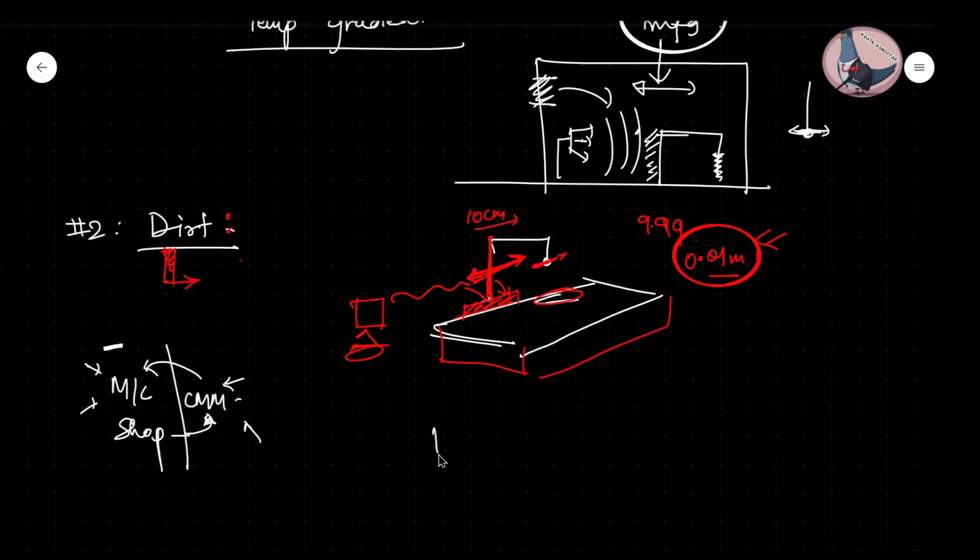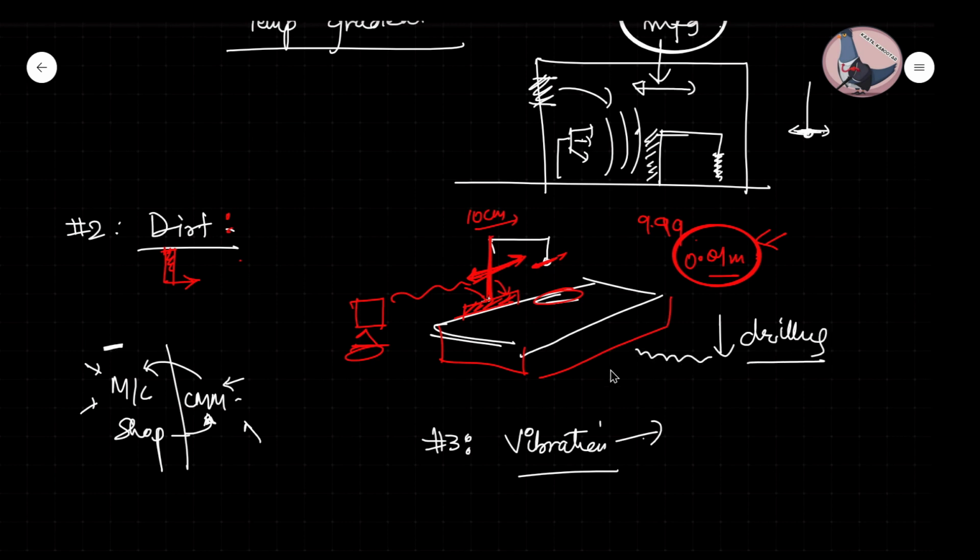Okay. The third one is very basic, that is vibrations. Vibration is a very big trouble for this machine, and this vibration is not only from nearby machines. Suppose this is the CMM and here I start drilling, you can understand that this vibration will travel through the ground, and then it will disturb this table, or the ceramic platform which is there.